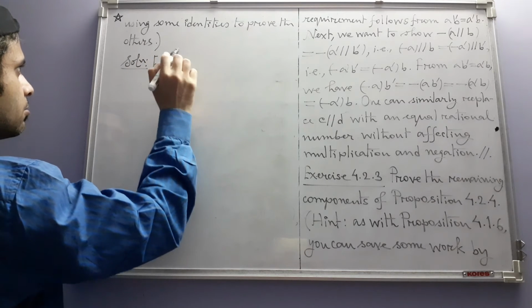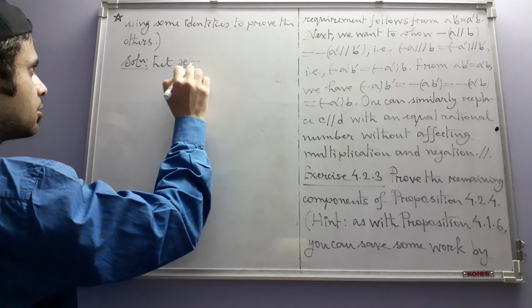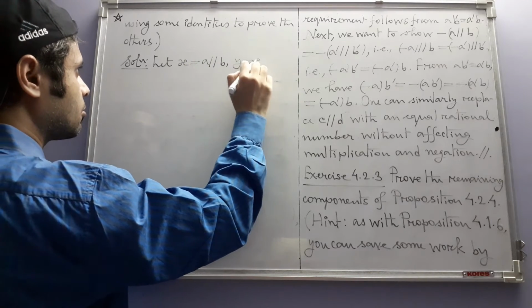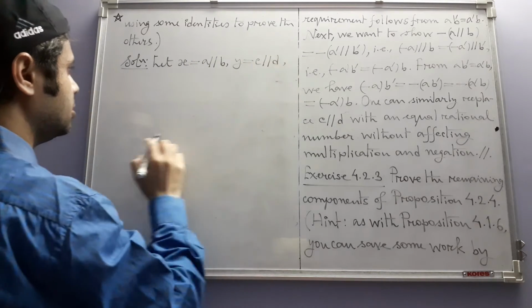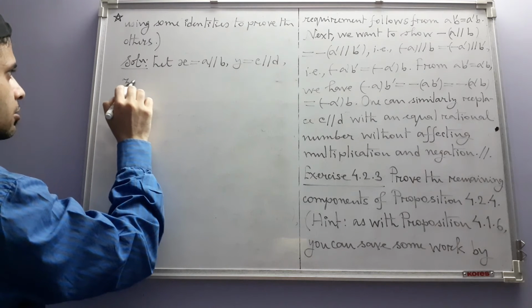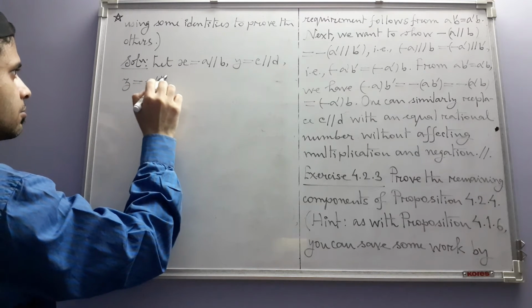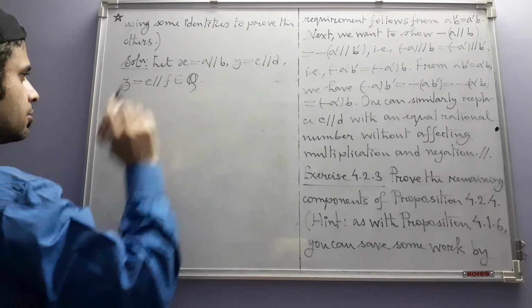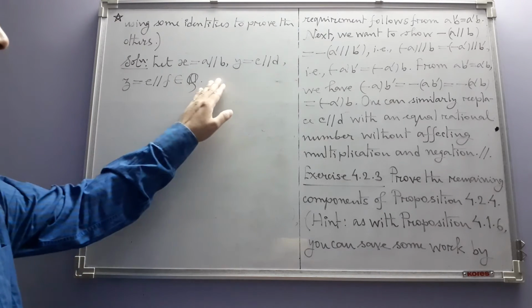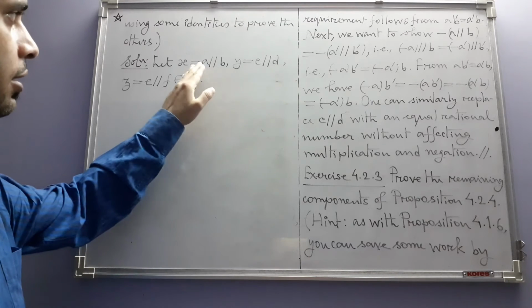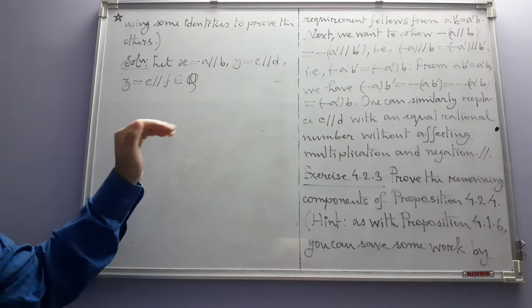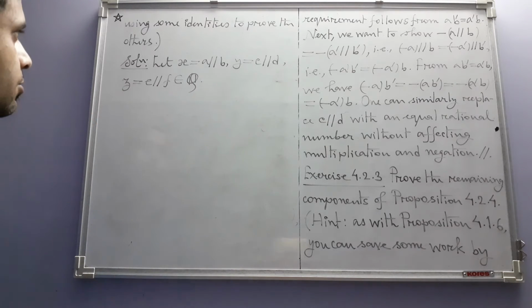Let x equal to a by b, y equal to c by d, and z equal to e by f be rational numbers, where we are not writing that a, b, c, d, e, f are integers and b, d and f are non-zero, that those things are understood.